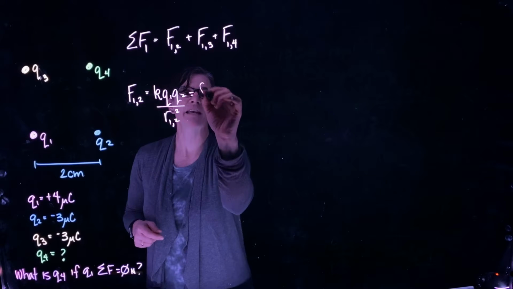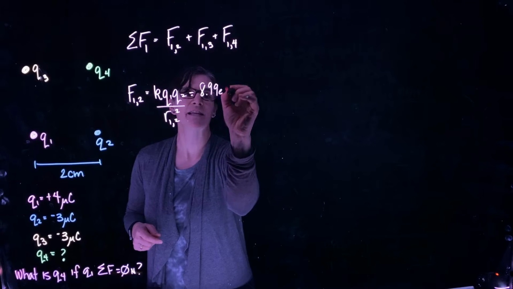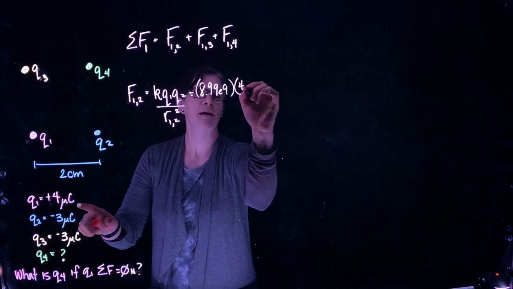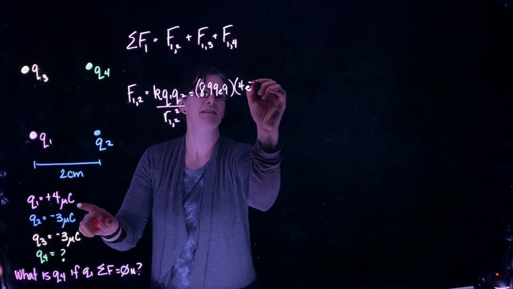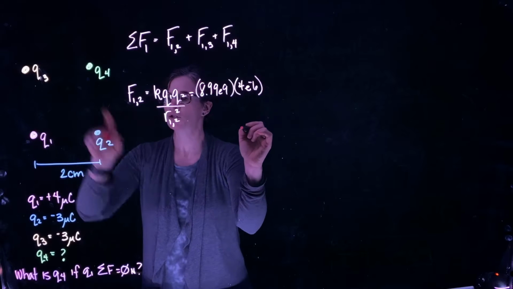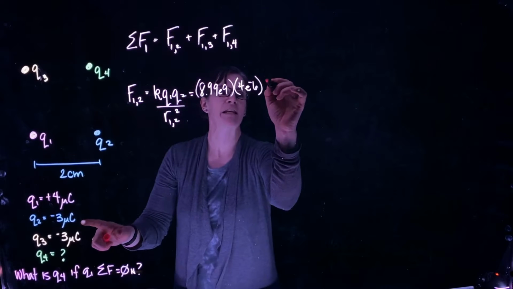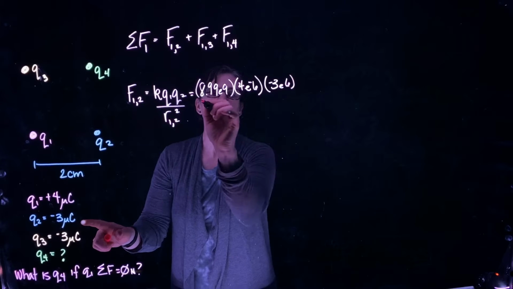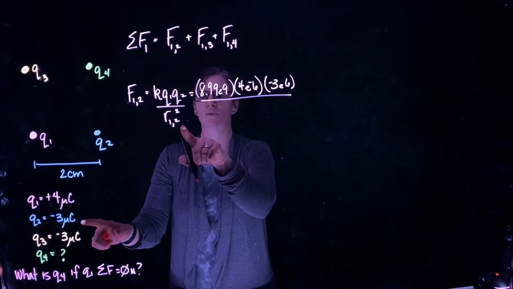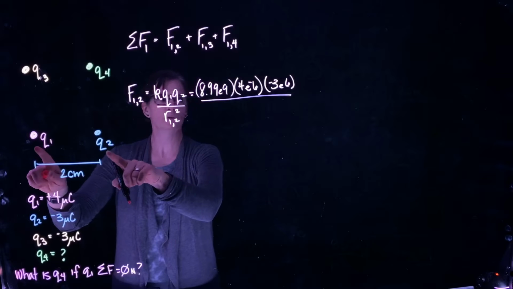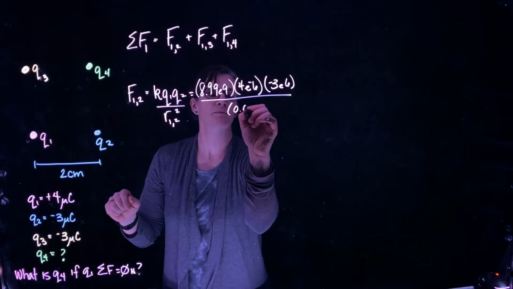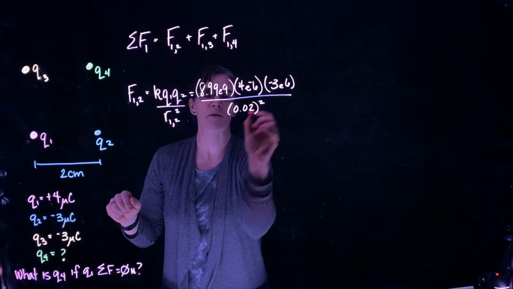So that's 8.99 times 10 to the 9th, Q1 is 4 times 10 to the negative 6th, and Q2 is negative 3 times 10 to the negative 6th, all over the radius between 1 and 2, which is 2 centimeters, squared.